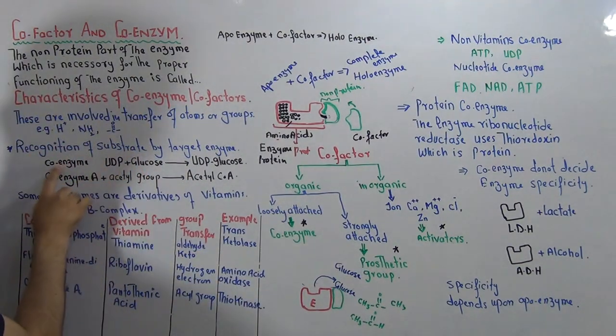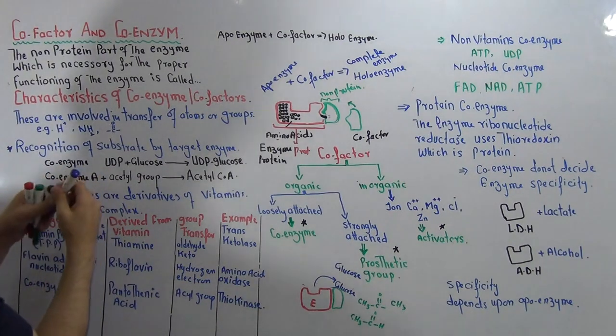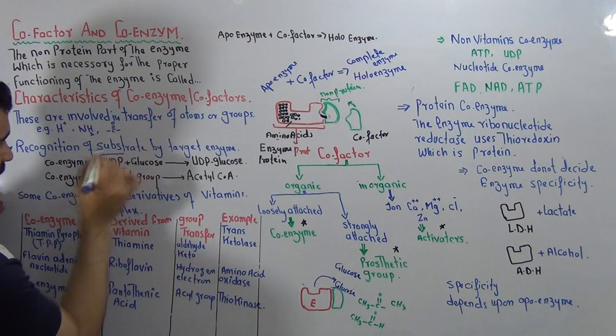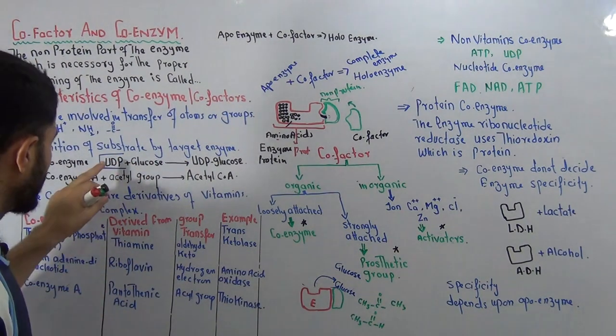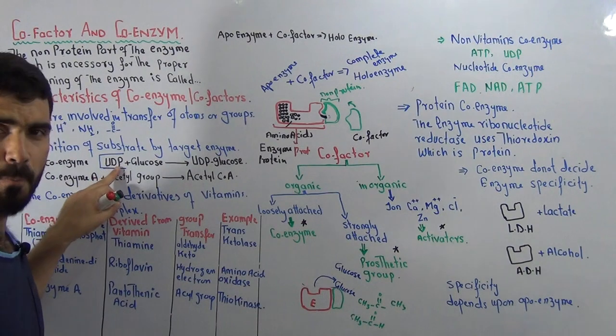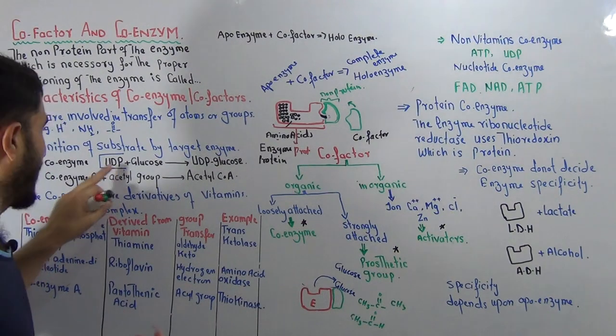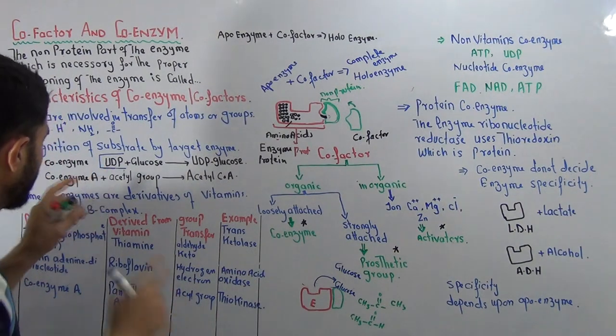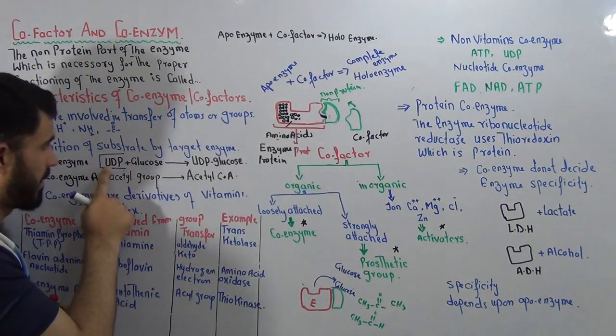Here an example of a coenzyme is UDP. UDP is a coenzyme, uridine diphosphate. I have just mentioned the shortcut name of this. No need to write the structure of the UDP, but UDP is just a coenzyme.